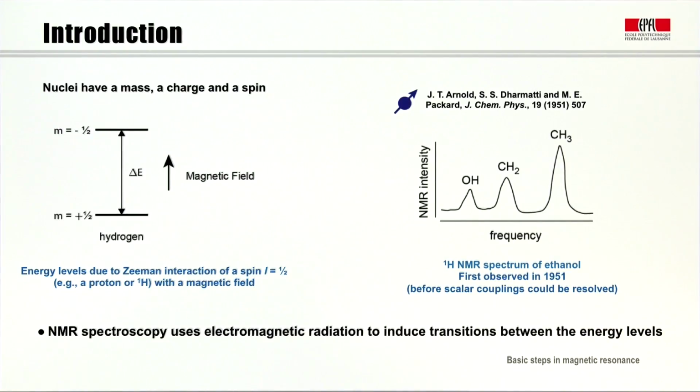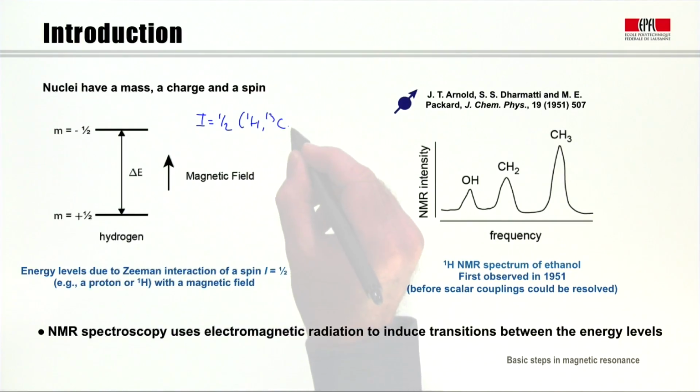So spins come in different forms, but many of the most popular ones from our point of view have a spin quantum number, which we call I, equal to 1/2. This is the case for protons and for carbon-13 and for many others.